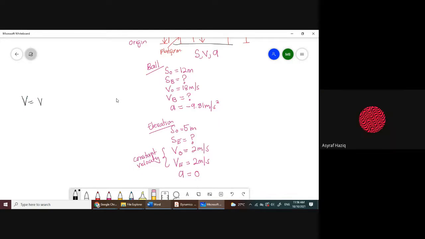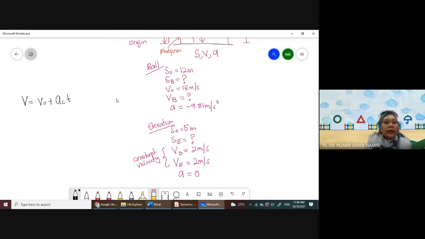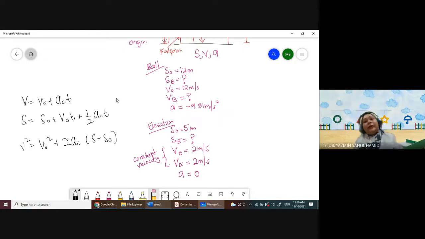V equals V naught plus at, then S equals S naught plus V naught t plus 1 over 2 at squared, and V squared equals V naught squared plus 2a times S minus S naught.